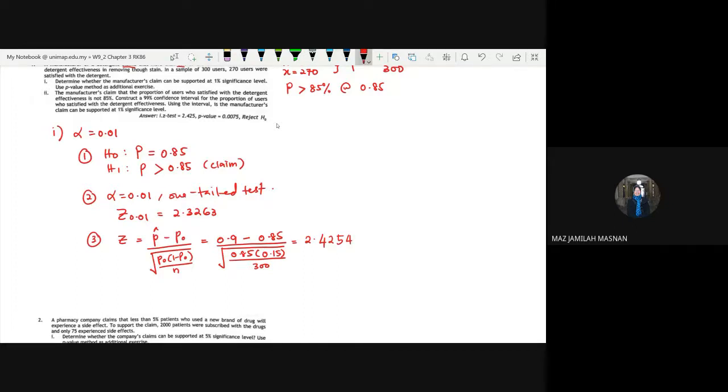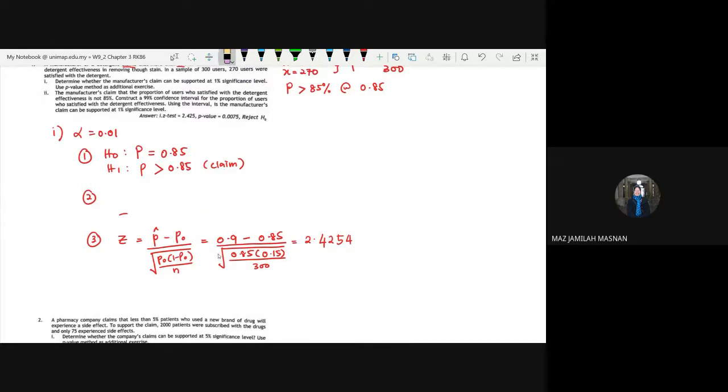So number 4, using the p value. If you are using the p value, I didn't see the question just now, so no need to use this actually. If you are using the p value, this one should be the second step.